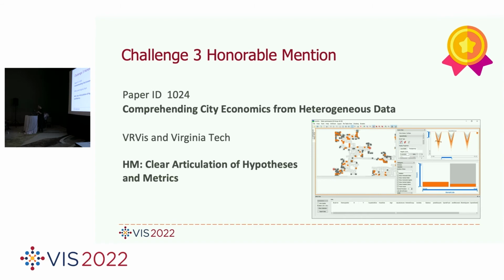One of the things that the committee really wanted to recognize in this submission was this focus on methodology and connecting the dots between outlining metrics and how they're going to investigate those. So we really wanted to highlight this clear articulation of hypotheses and metrics. And with that, I will hand it over to our speaker.